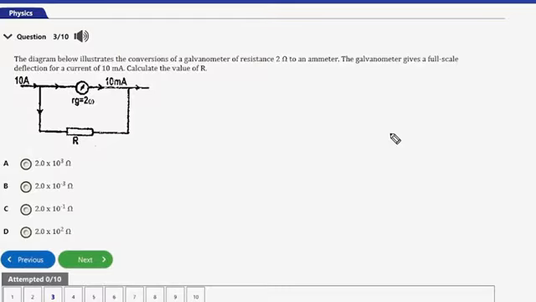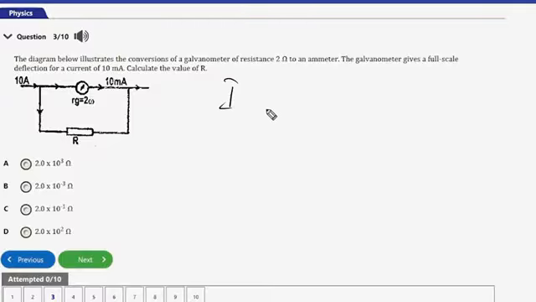It says the diagram below illustrates the conversion of a galvanometer of resistance 2 ohm to an ammeter. The galvanometer gives a full scale deflection for a current of 10 milliamps. Calculate the value of R. The first thing we'll do is state our parameters.